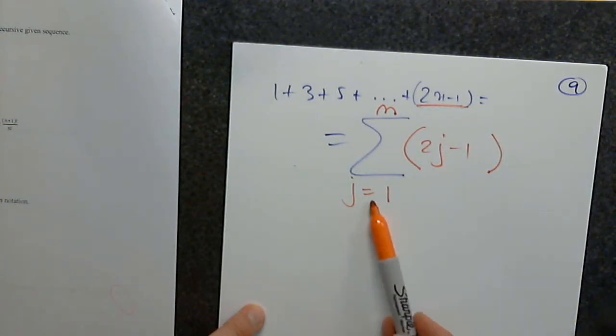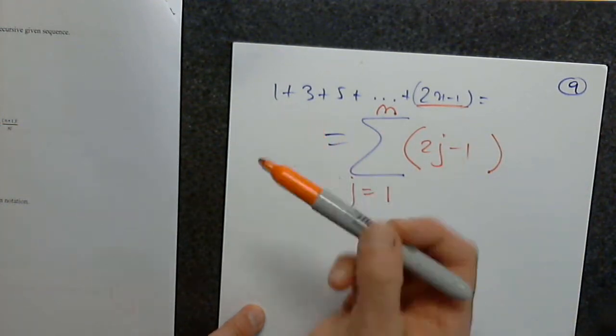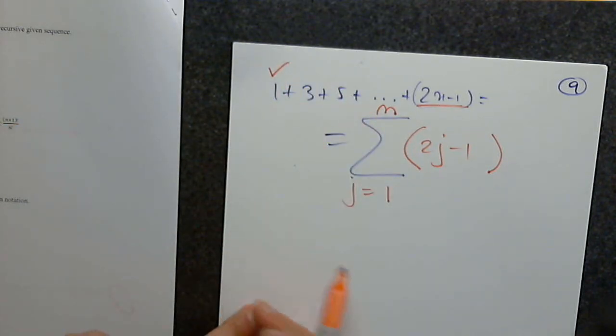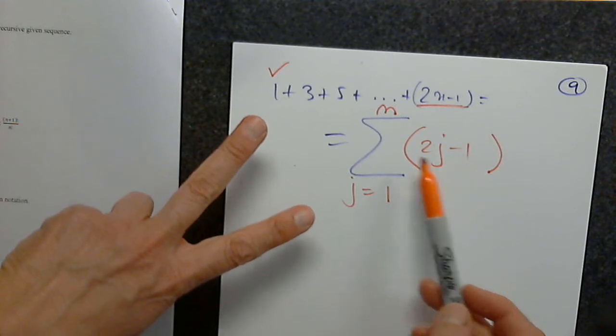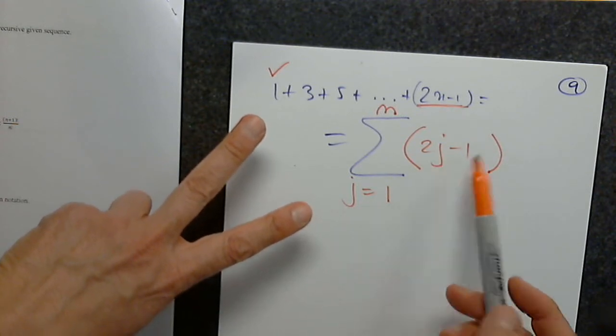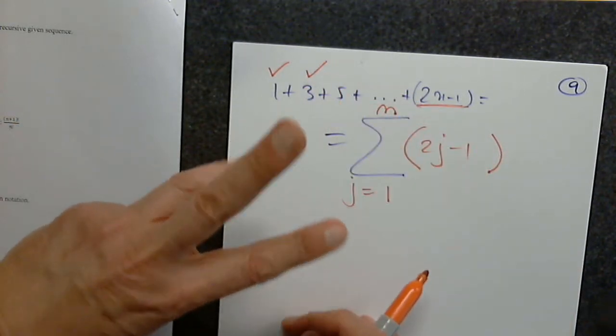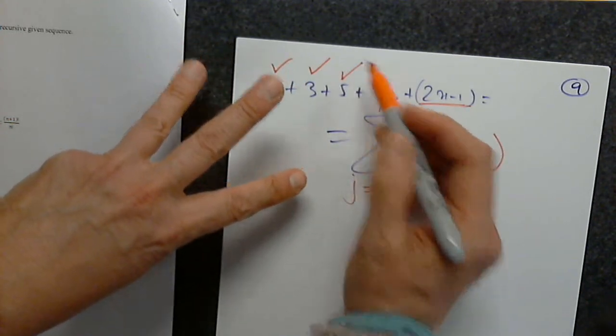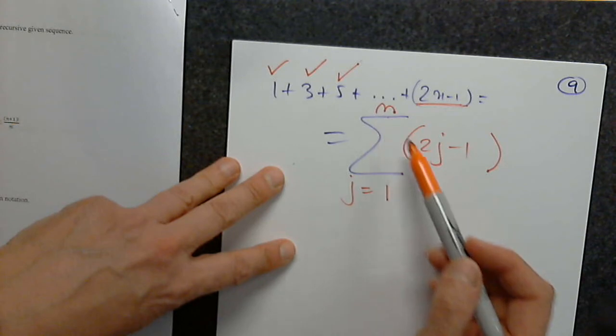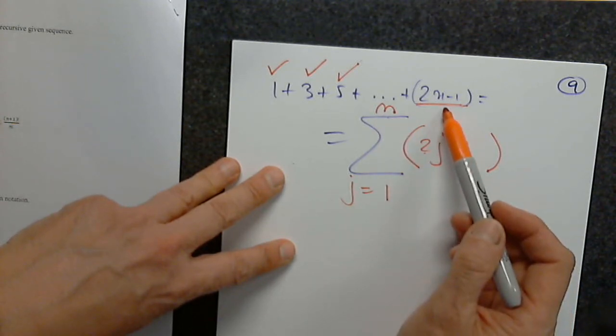Well, let's see. When j is 1, I have 2 minus 1. Do I get the first term? When j is 2, 2 times 2 is 4 minus 1, 3. Do I get 3? When j is 3, 2 times 3 is 6 minus 1, is it 5? And when I get to finally n, do I get 2n minus 1? That's it.